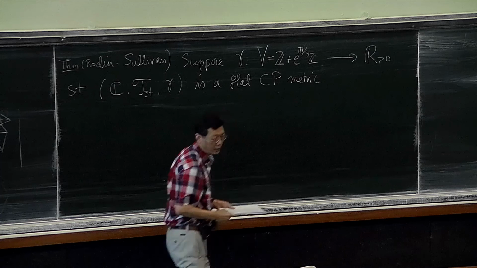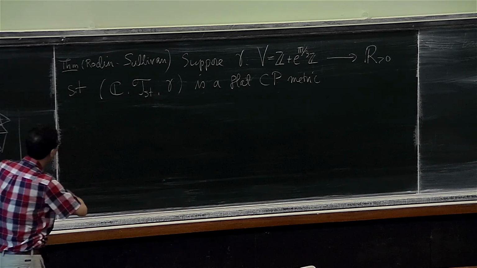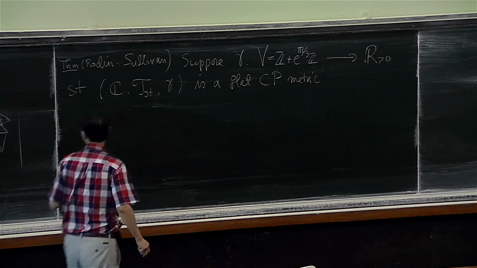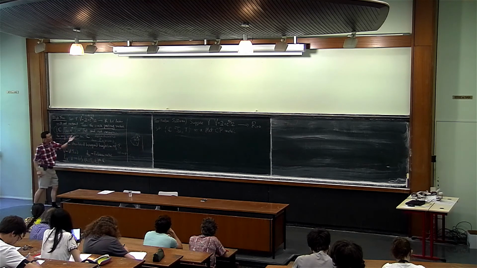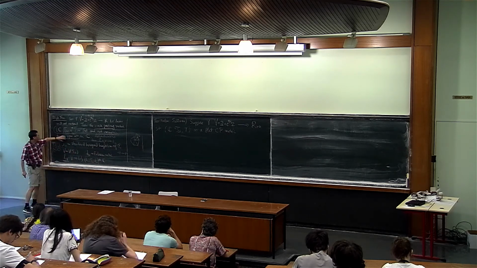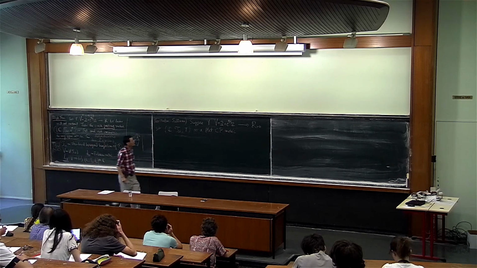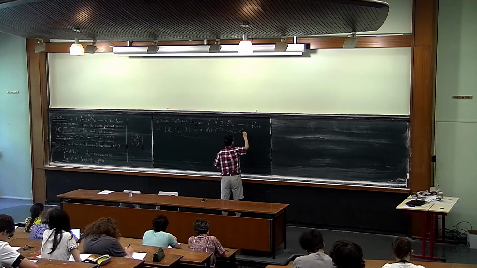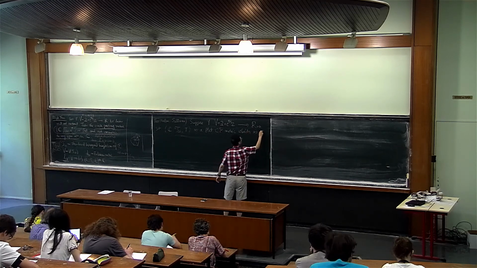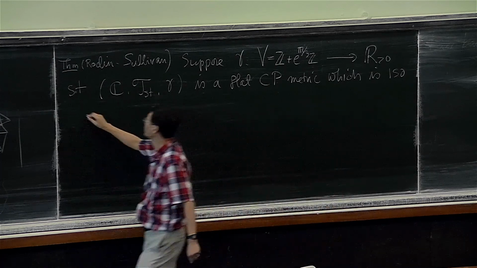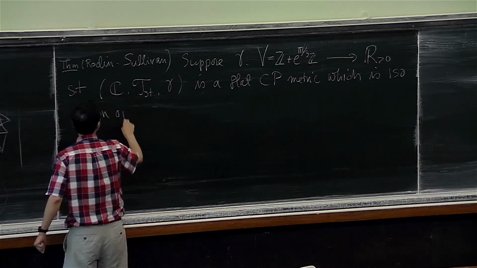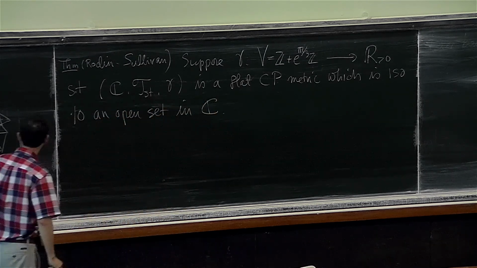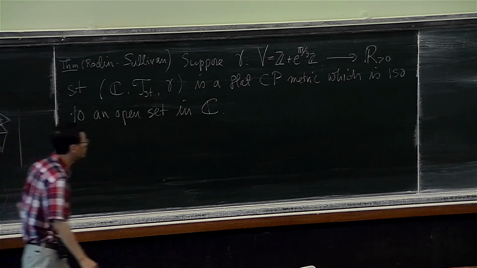CP stands for circle packing, and we know by Doyle you cannot conclude R is a constant right away. So assuming that it's a metric which is isometric to an open set in the complex plane.